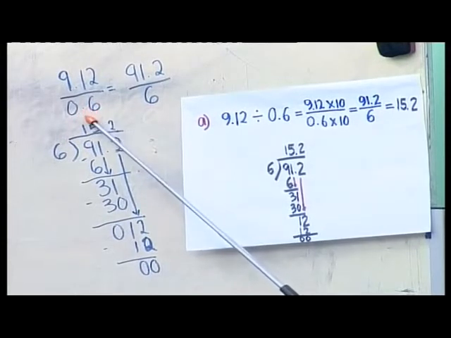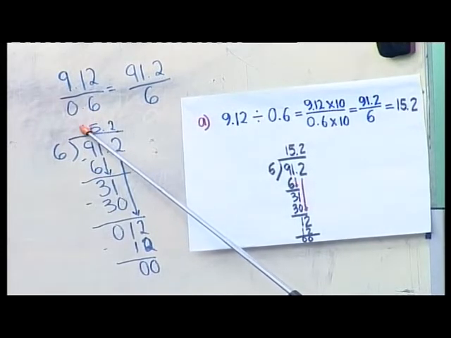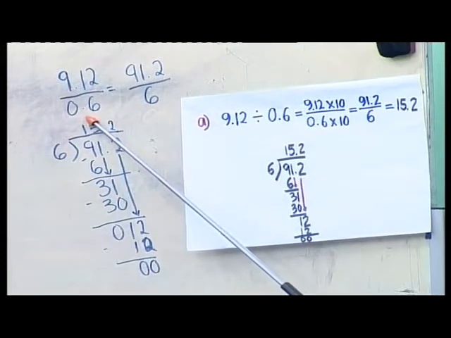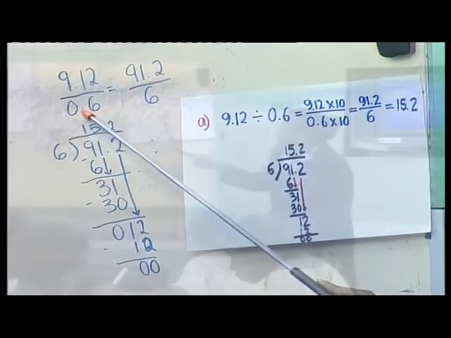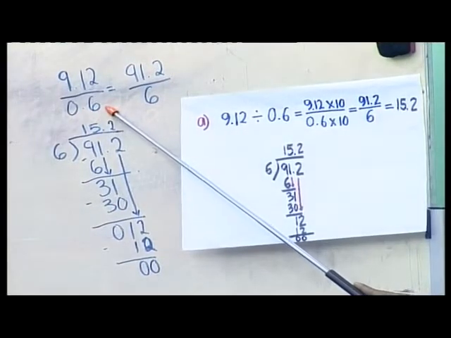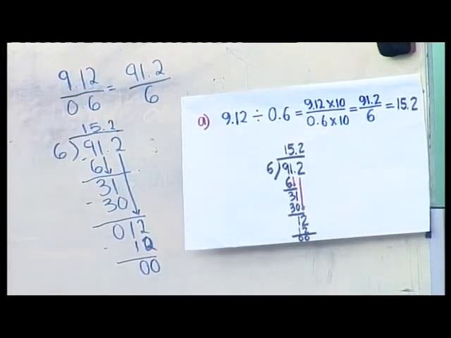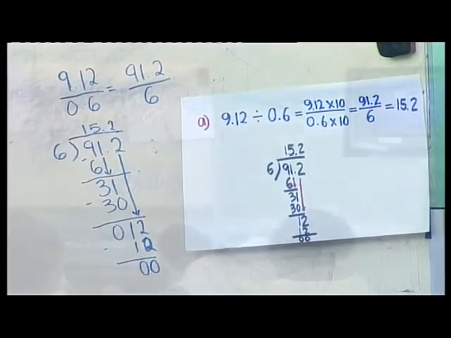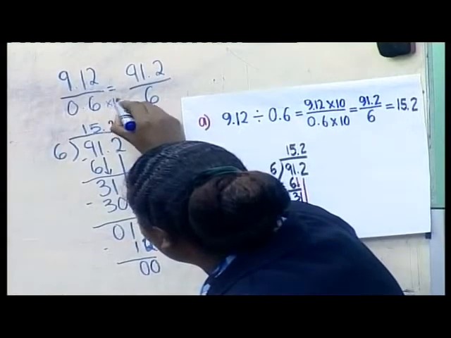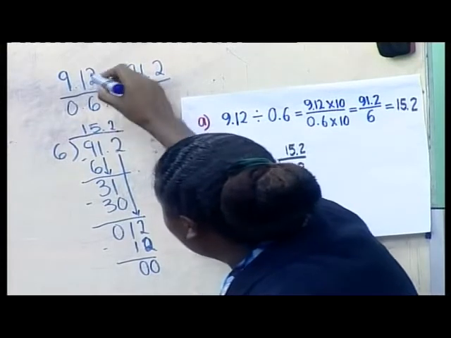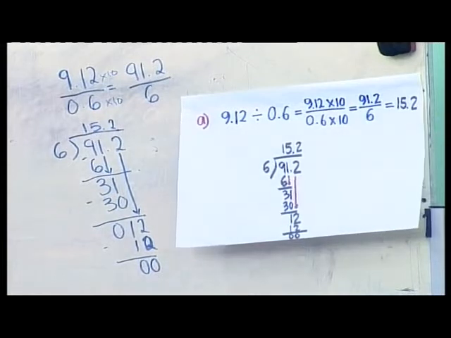So here, how many decimal places do we have in the divisor? How many decimal places in the divisor? 1. We only have 1. So if we move 1 decimal place to the right, it is the same as multiplying by 10. So we will multiply by 10 in the divisor as well as multiply by 10 in the dividend.